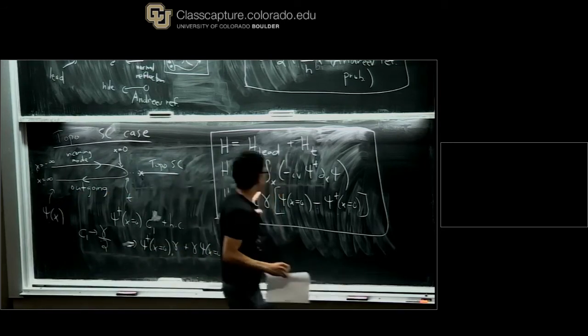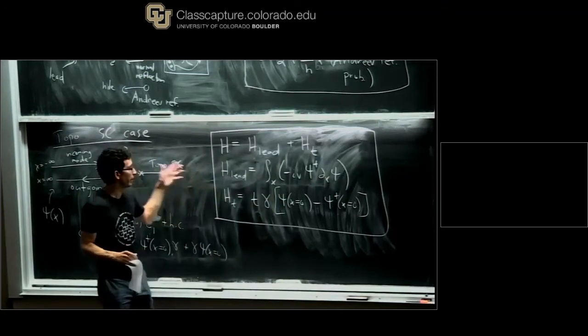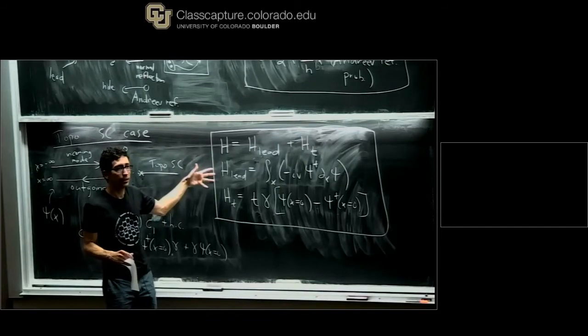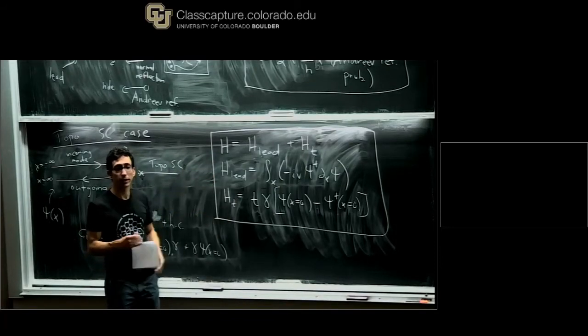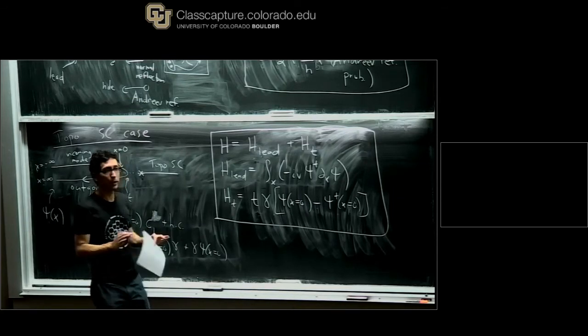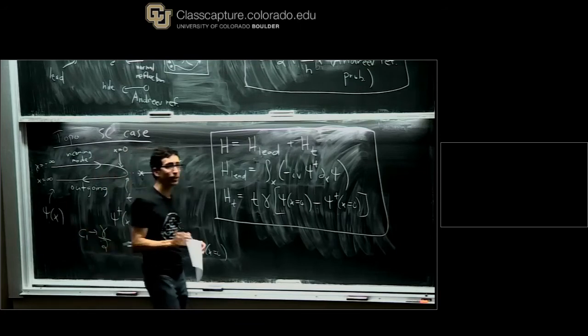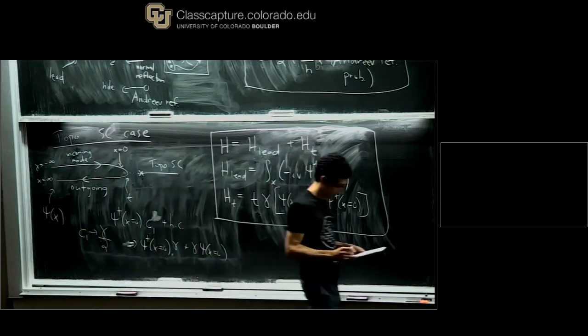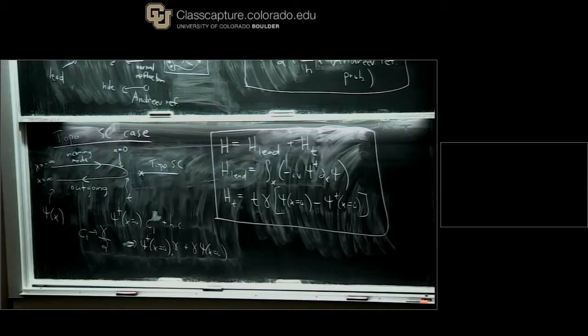Okay, so can anyone suggest a nice simplification I can make when the incoming energy is much larger than t squared over v? I'm trying to be as crude as possible here, so keep that in mind. I want to make a simplification of the Hamiltonian.